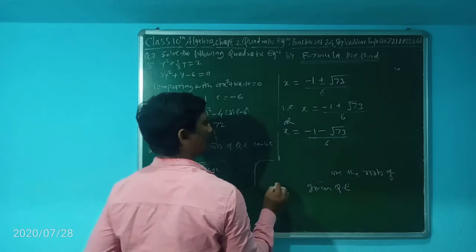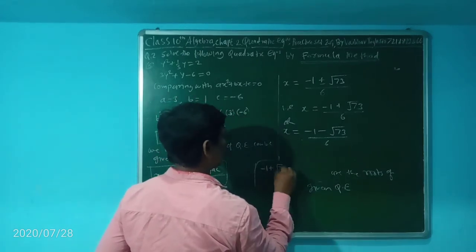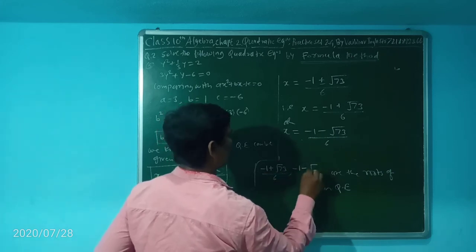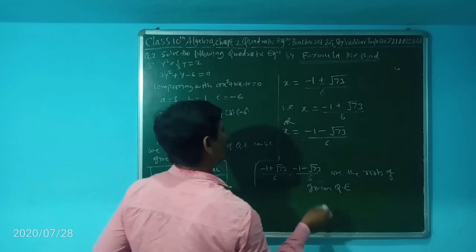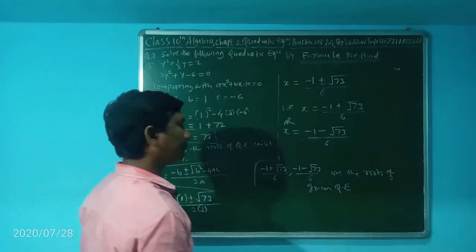So the roots of the quadratic equation are minus 1 plus under root 73 divided by 6 and minus 1 minus under root 73 divided by 6.